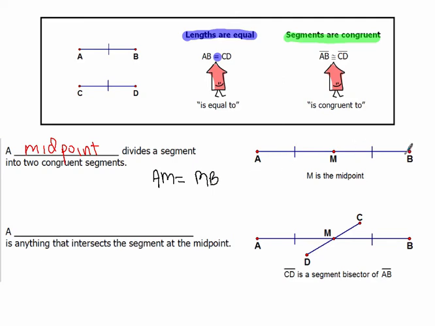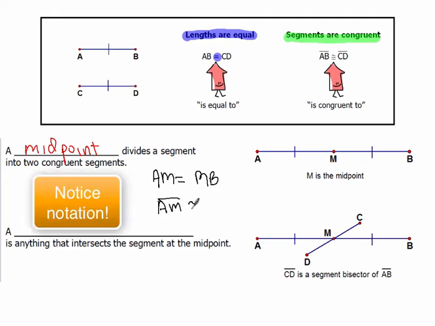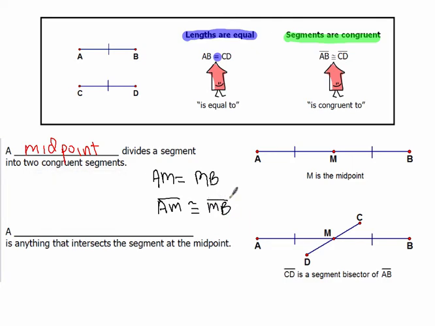That's going to be one of our statements. Our other statement that we could make, we could say that segment AM is congruent to segment MB. And notice both of them talk about the same pieces, but our notation is slightly different.